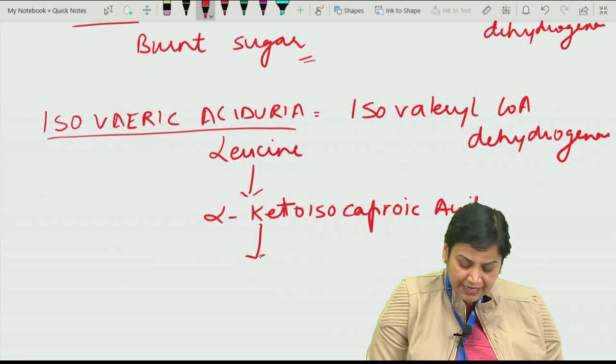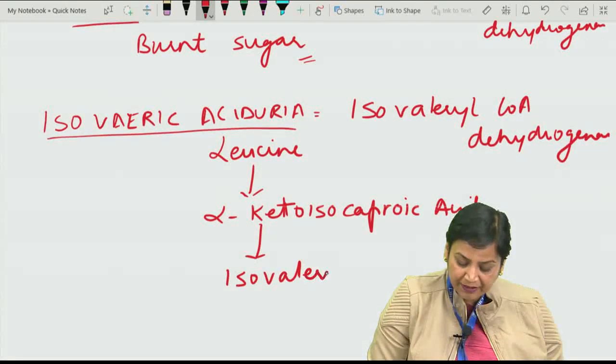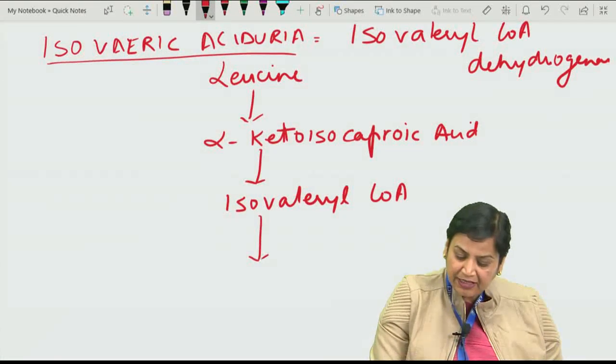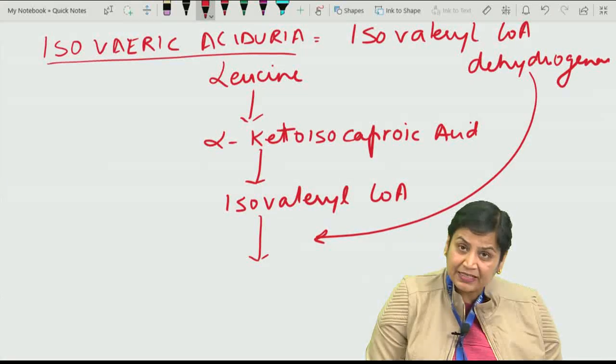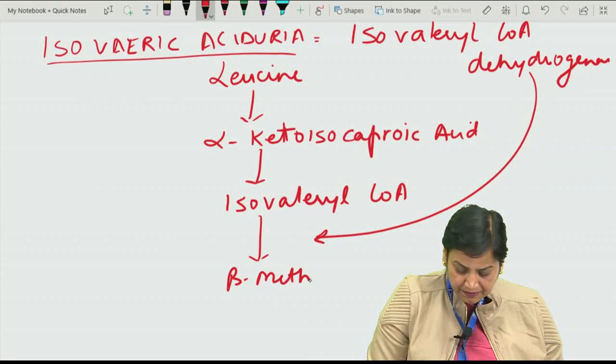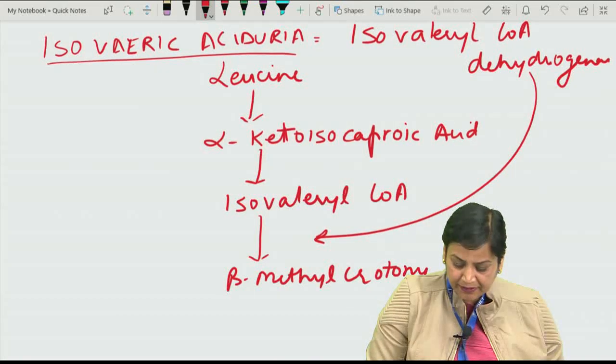This alpha keto isocaproic acid is converted into isovaleryl CoA. This isovaleryl CoA undergoes dehydrogenation in the presence of this enzyme, forming beta methyl crotonyl CoA.